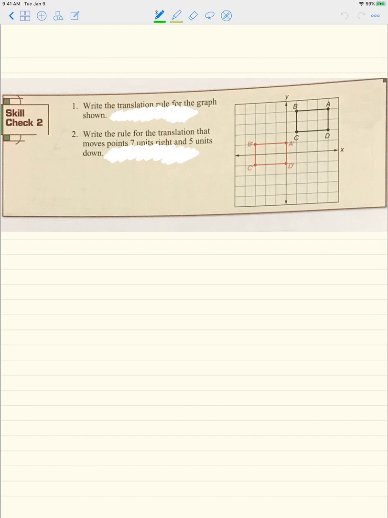Skill check number 2 says write the translation rule for the graph shown. So we're starting with A, B, C, D with the black one. We're moving to the red one. In this case it really doesn't matter which points you choose. Let's just choose C. So we have C, and we're going to C prime. Let's see what we do horizontally first.